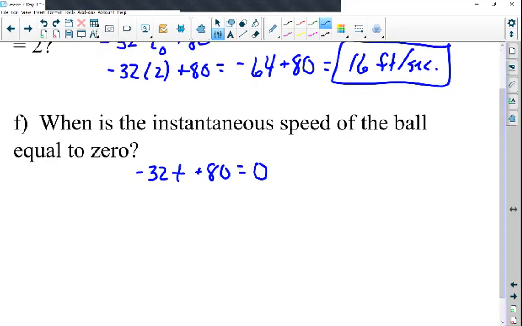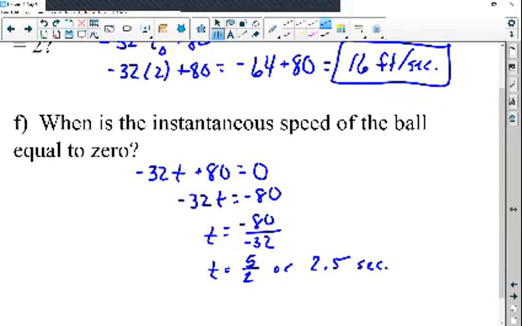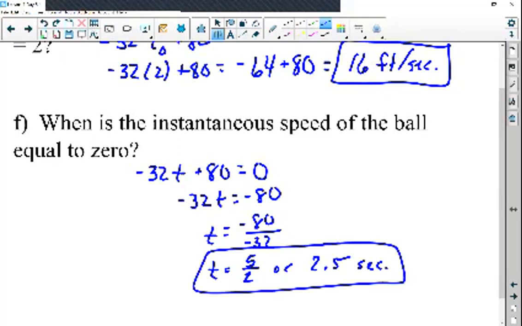Solving for t, t would equal 5/2 or 2.5 seconds. So what that means is at 2.5 seconds, the ball for just an instant stops.